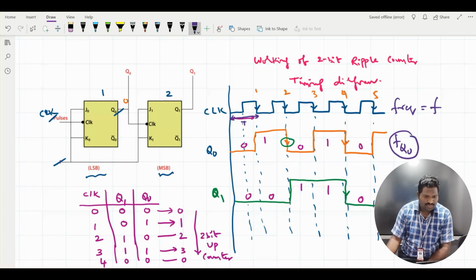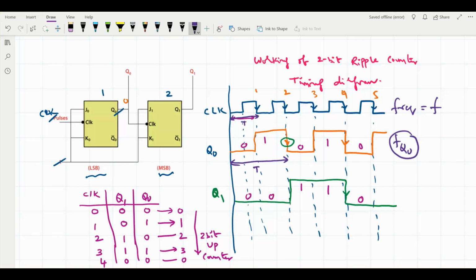The time taken from triggering up to this point is t. Then Q0 will take double that much time. If the time becomes double, automatically we can say the frequency becomes divided by 2. The frequency of the Q1 flip-flop timing diagram will become f by 4.